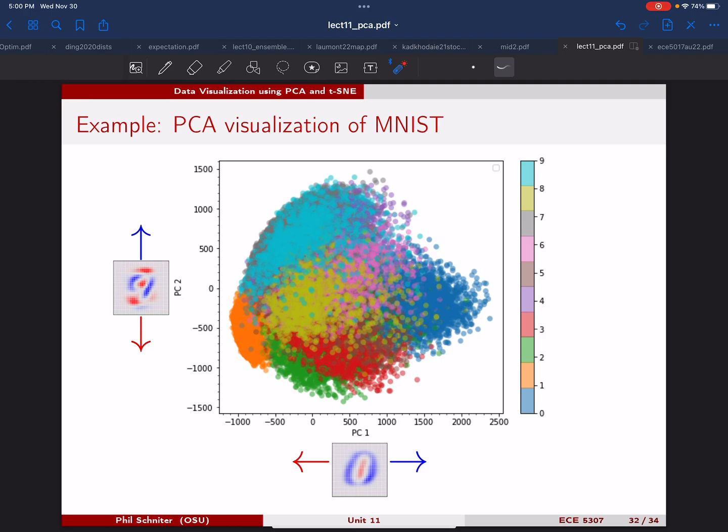Another interesting thing is that here we're showing the first principal component, and this is the second one. In these pictures, we're using gray to represent 0, blue to represent positive, and red to represent negative. If you imagine going along this line, you're multiplying this by a sign.